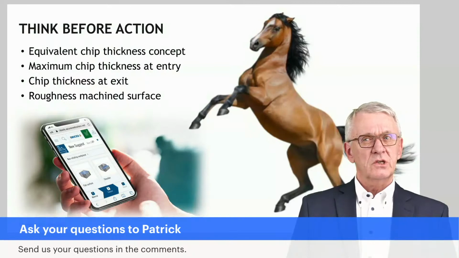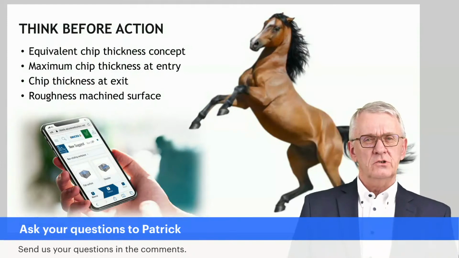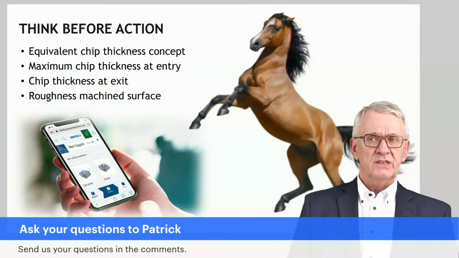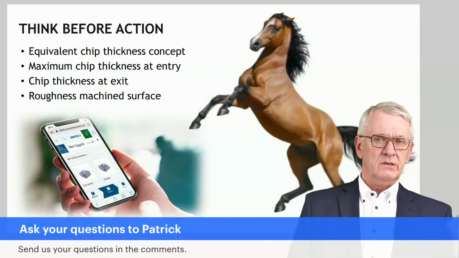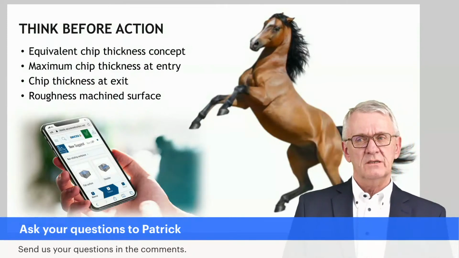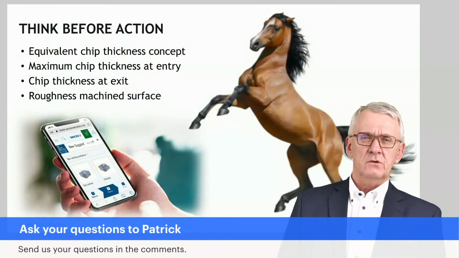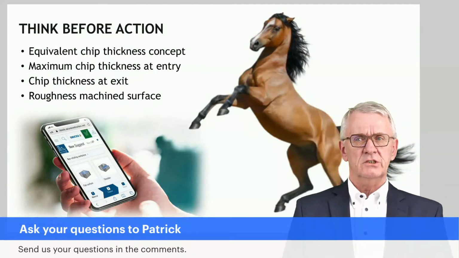But there is also something to worry about at entry. When the cutting edge starts cutting, the chip should not be too thick, so you don't have too much of a mechanical impact. The chip thickness at exit should not be too close to zero, because you remember in the previous session we talked a bit about it. It should not be too close to zero, but it should not be too close to the center line of a milling cutter either. So there are some considerations also.